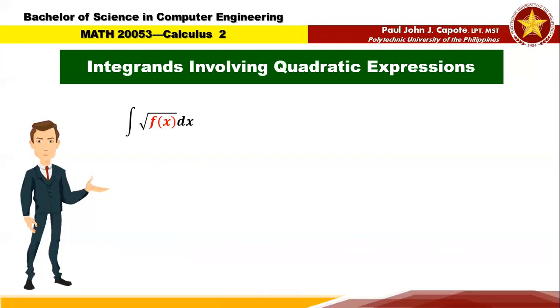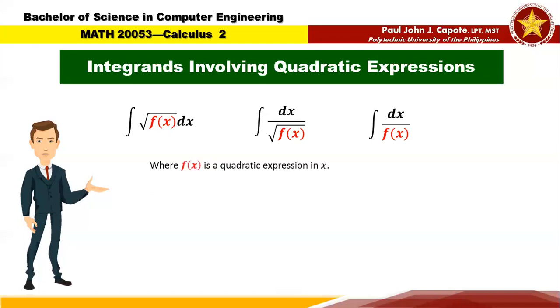Those integrals that involve any of these forms fall under integrals involving quadratic expressions: the integral of the square root of f of x dx, the integral of dx over the square root of f of x, and the integral of dx over f of x, where f of x is a quadratic expression in x.